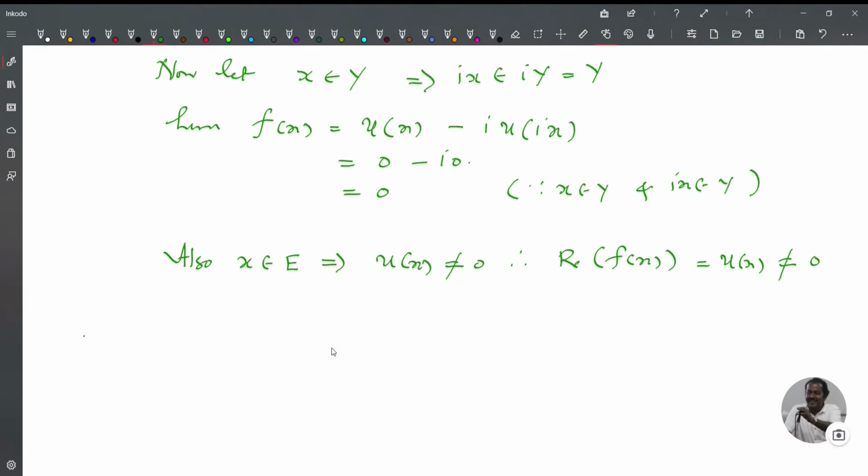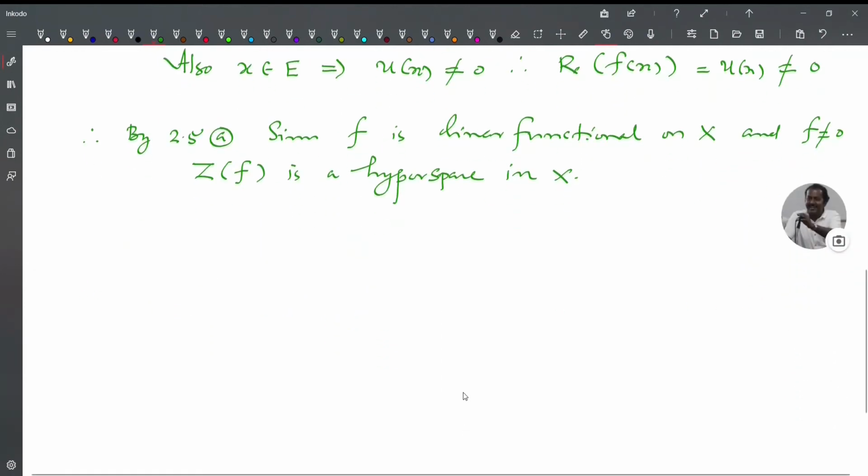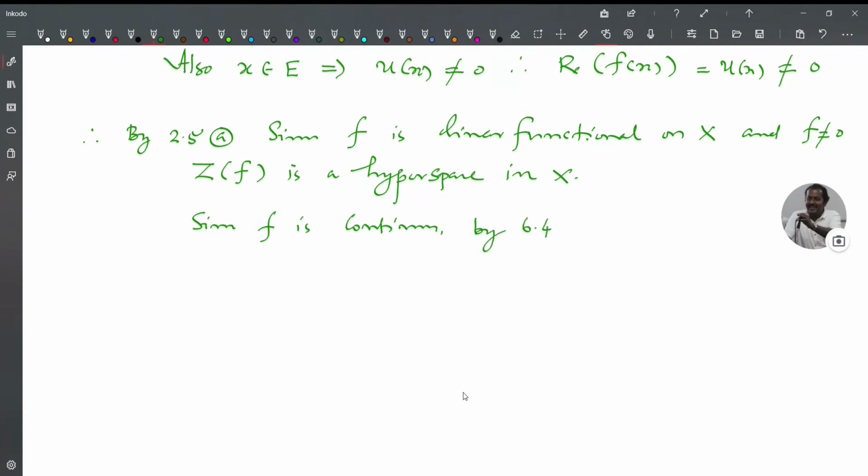Therefore, by 2.5a, since f is a linear functional on X and f not equal to 0, the null space of f is a hyperspace in X. Since f is continuous, by 6.4, the null space of f is closed.